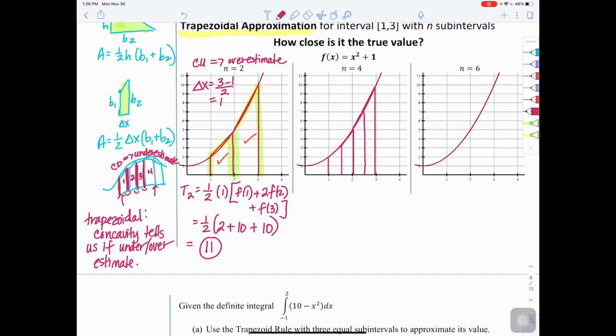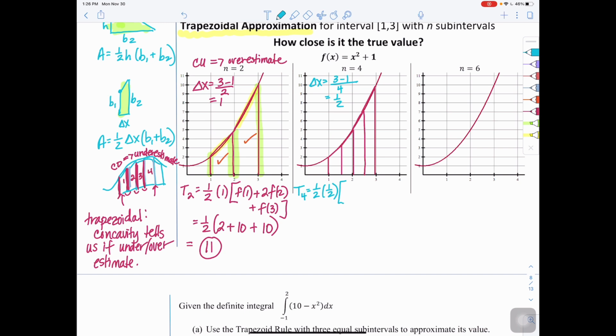And so now we're going to have a T4. I'll change colors just so that you can see these apart. We need to go find our delta x, which is b minus a over n. And these are now 1/2. So T4 is 1/2 times 1/2.